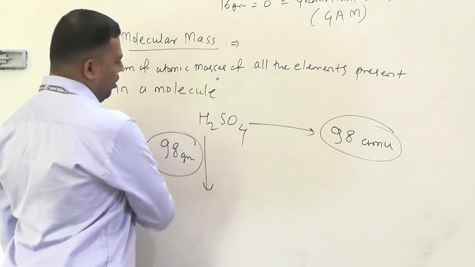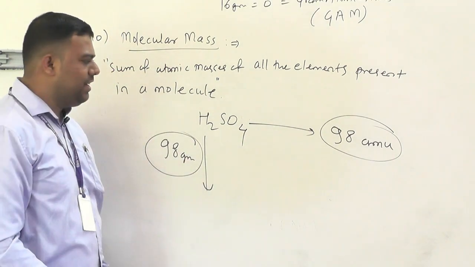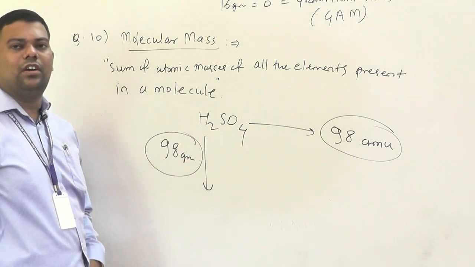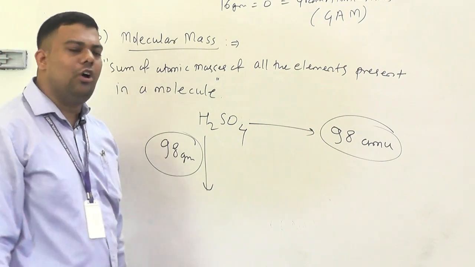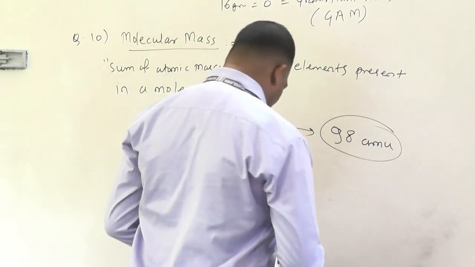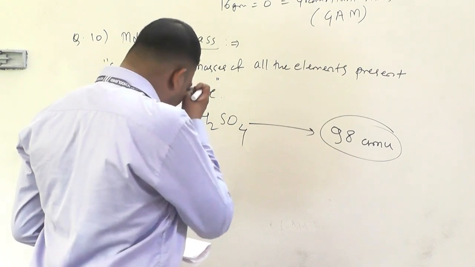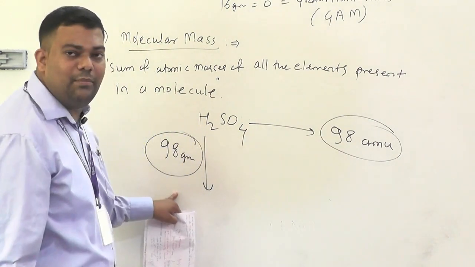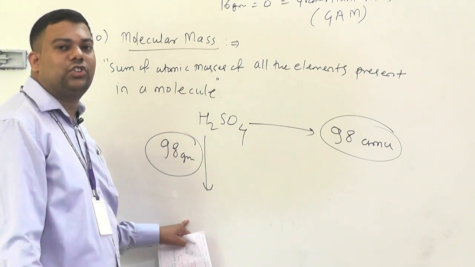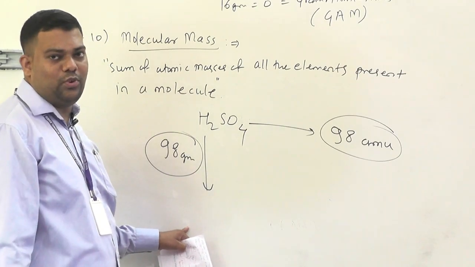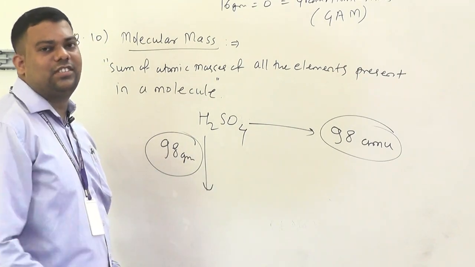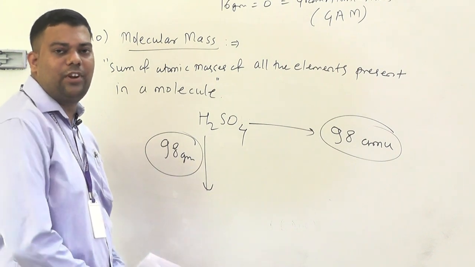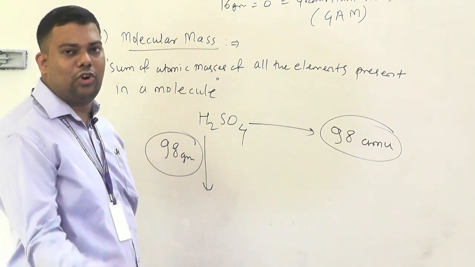Then what is the meaning of this? 98 AMU means mass of one molecule of H2SO4, and 98 gram is the molecular mass of H2SO4. So this is the difference. Keep in mind this difference between molar mass and molecular mass.